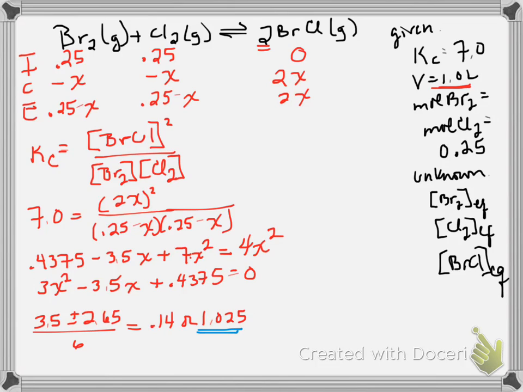This is not realistic because if I subtract that from 0.25, I'd get a negative number. That doesn't make any sense. So it can't be that number, so it's got to be that x is equal to 0.14.